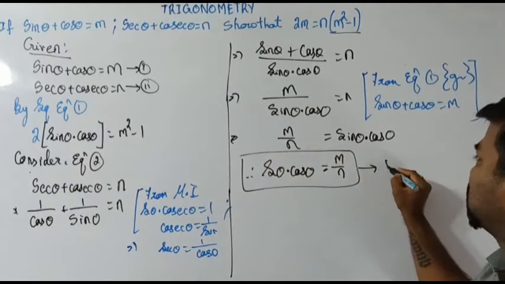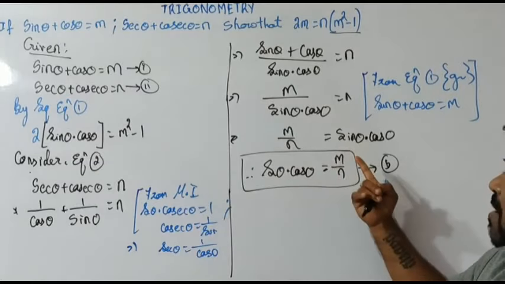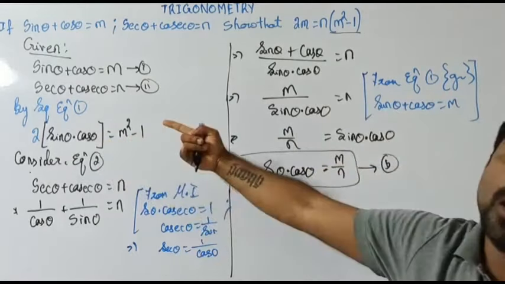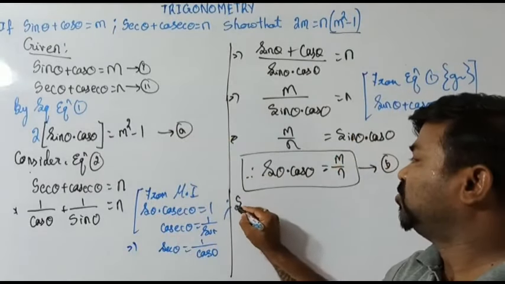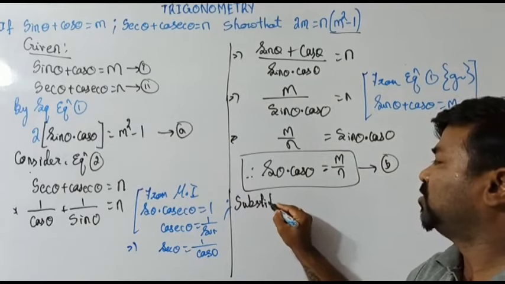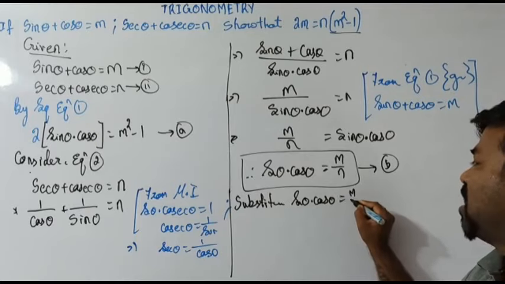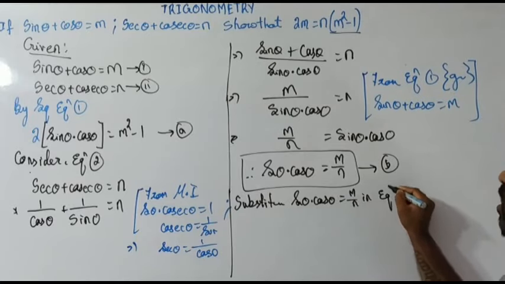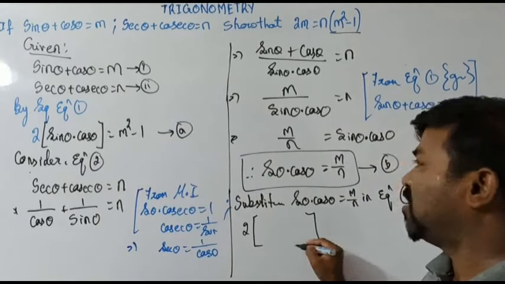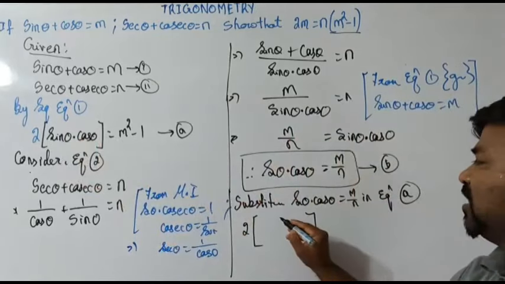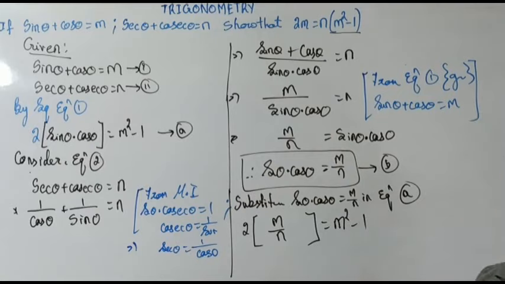Now, let me call this small b. Now, substituting the value of sine theta into cos theta as m by n in the equation which we got earlier, which we are calling equation A. If I plug it in as m by n, it becomes m square minus n.